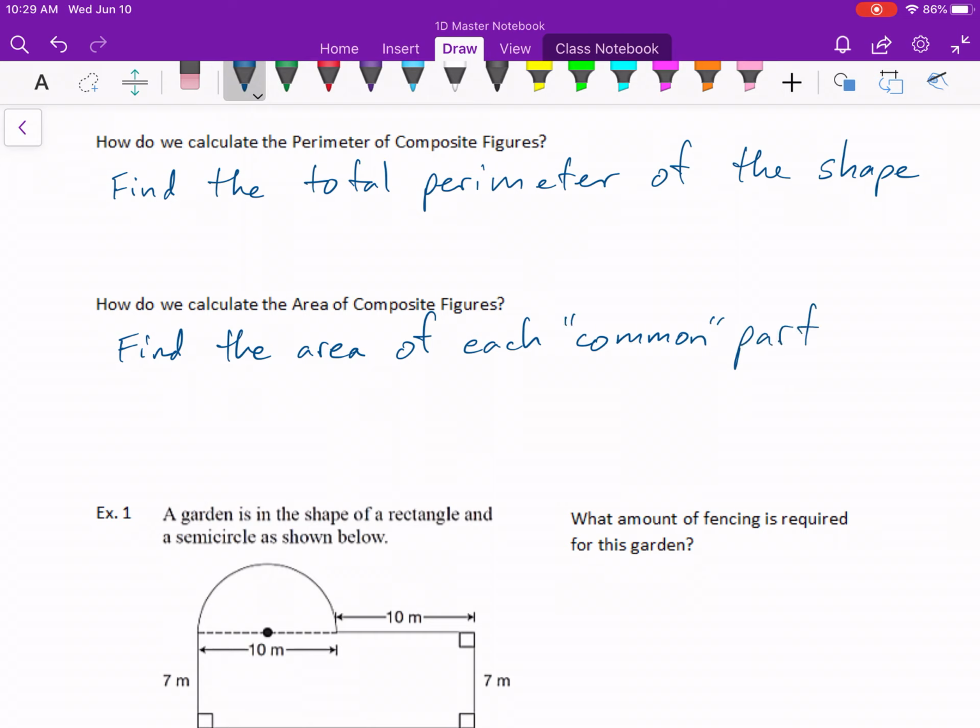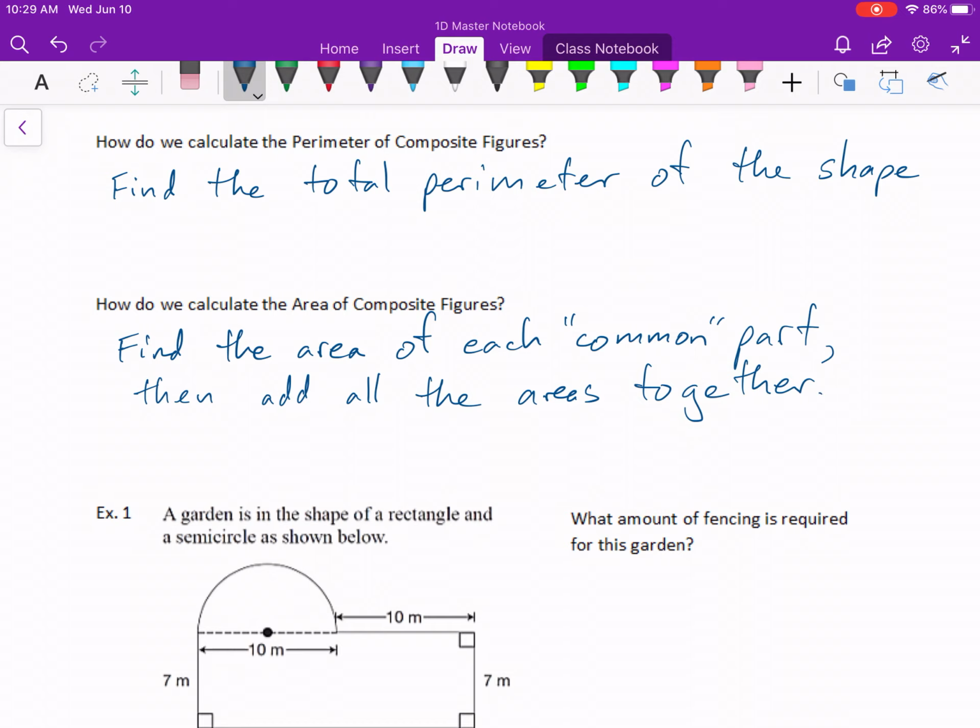By common, again, I mean regular. That's one way of doing it.